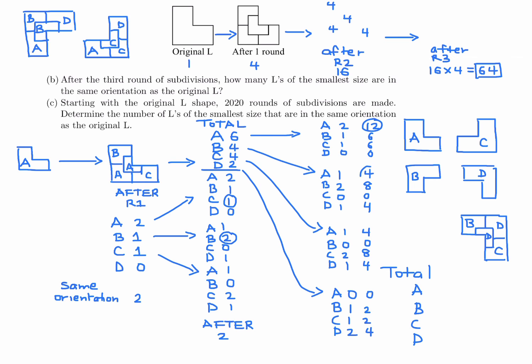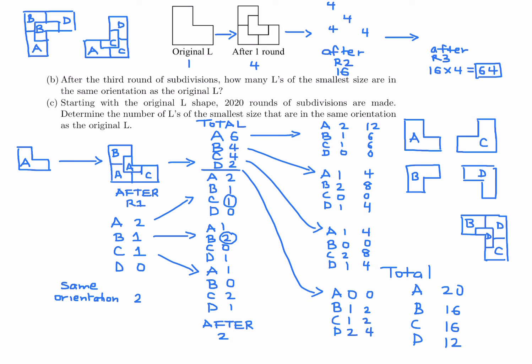So the A's, 12, 4, 4, and 0, so that is 20. The B's, 6, 8, and 2, and that is 16. The C's, 6, 8, and 2, again that's 16. And the D's looks like 4, 4, and 4, which is 12.